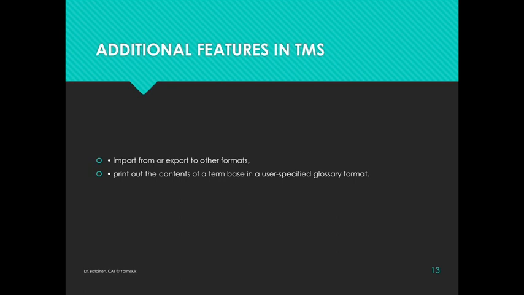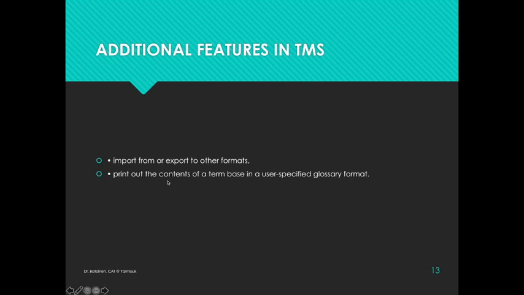translate. Other features in TMSs are: number one, we can import and export our term base. For example, if I have a term base inside my system, I can export it and give it to a friend who can use it in his project. I can also import his term base. For example, if one of the students or one of our colleagues has a term base that contains 1,000 legal terms, I can use it in my legal translation projects easily.